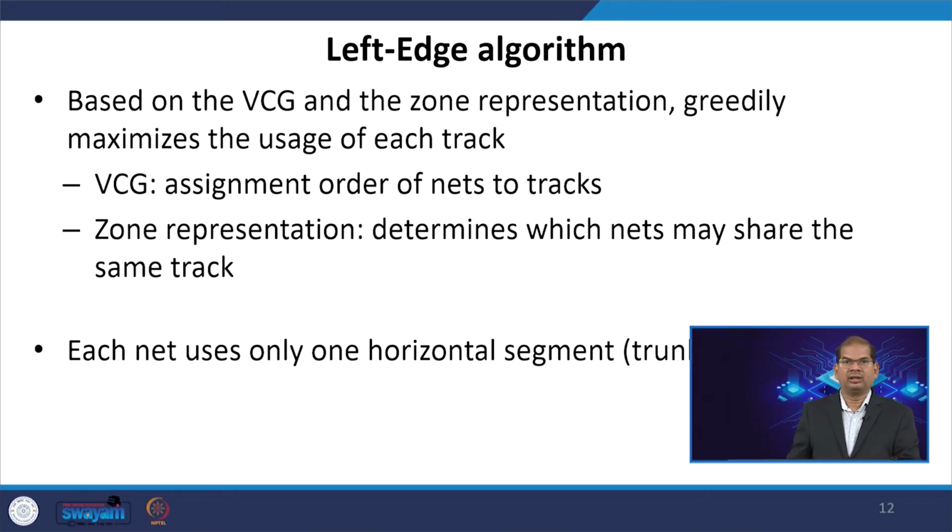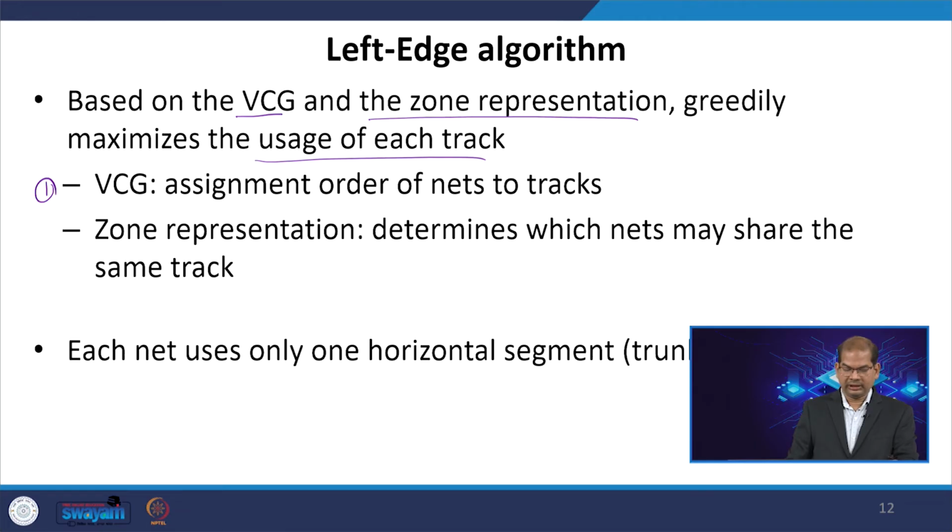It is based on the vertical constraint graph and the zone representation, and it greedily maximizes the usage of the track. So, two things are needed. The first one is the vertical constraint graph, the way we discussed in the last example.